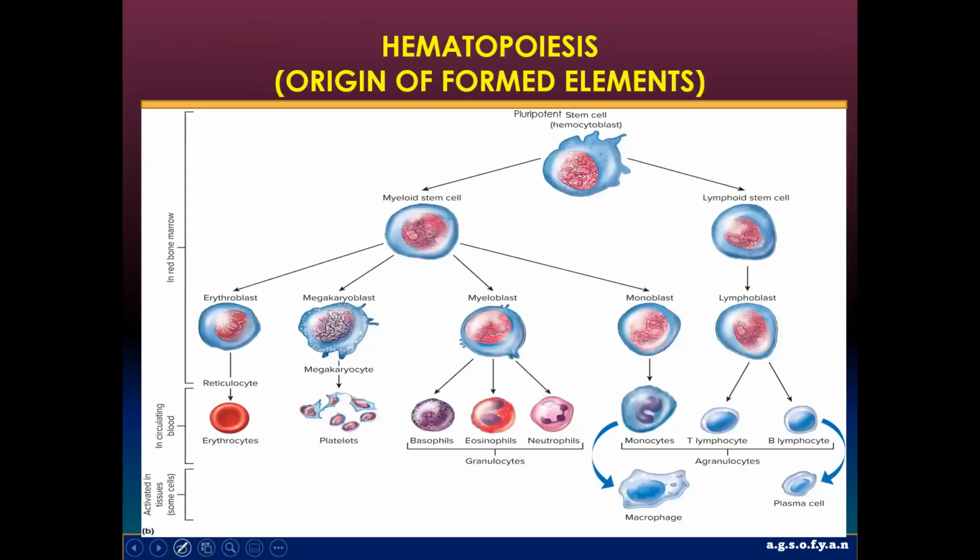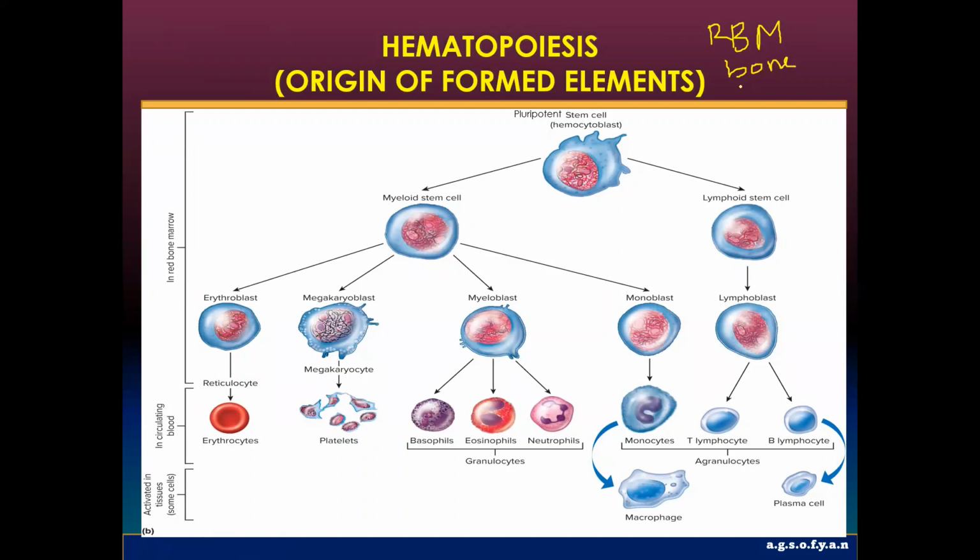Okay, now where do these blood cells come from? Remember, all blood cells are made in our organ called the red bone marrow. And this red bone marrow is located in our bones, so in the bone tissue.